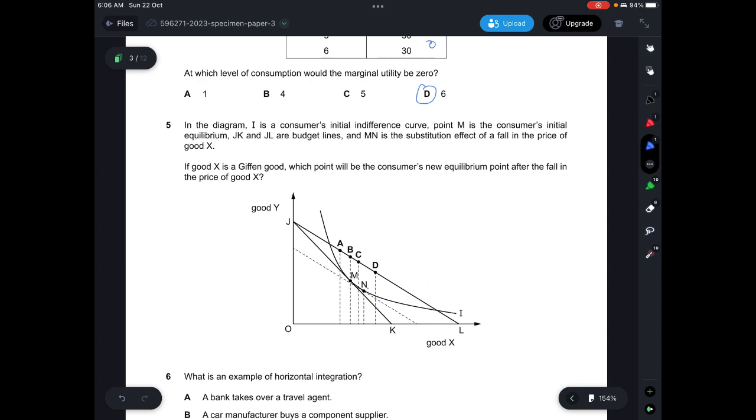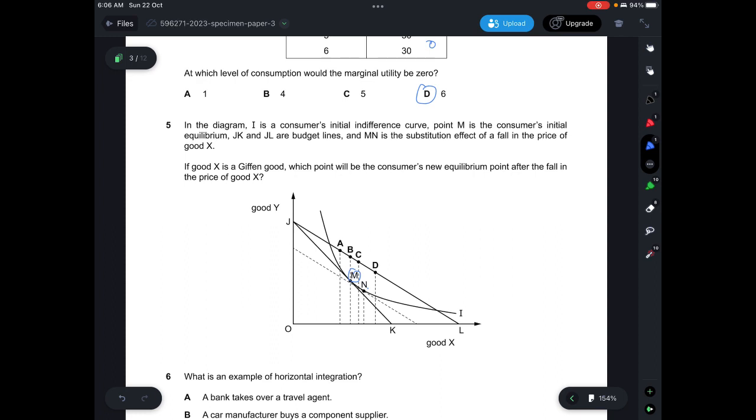That means that you'll be consuming less of the product. And that means that since you're consuming less of the product, the original initial equilibrium is at point M, as you can see. So if the price drops, that means that the quantity would also drop as well.